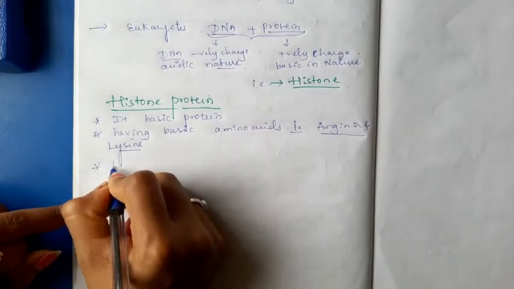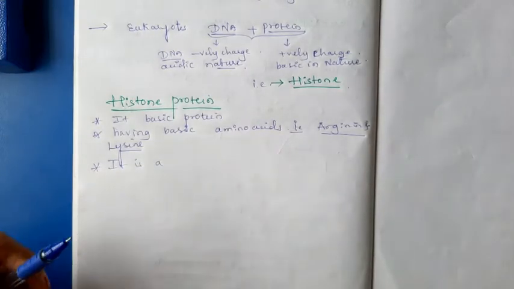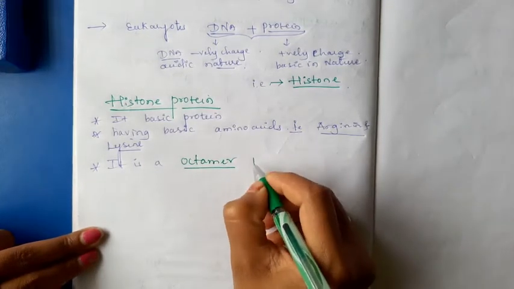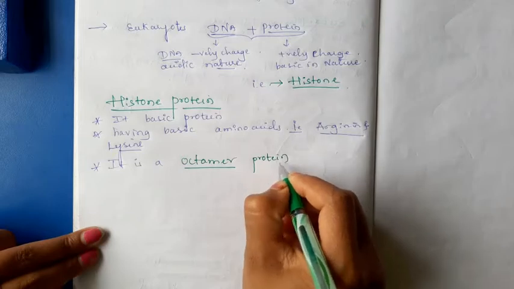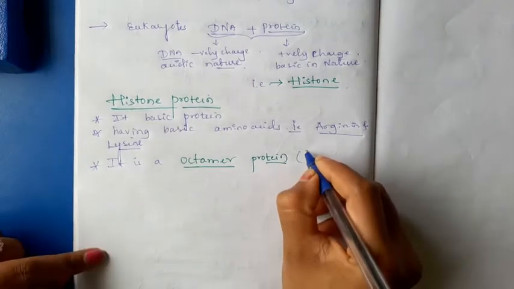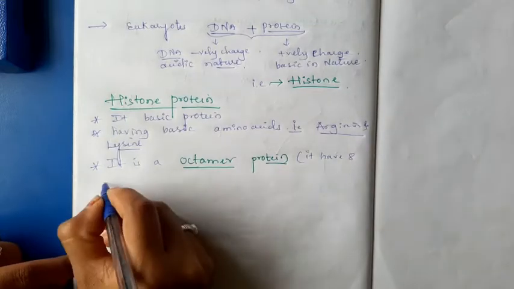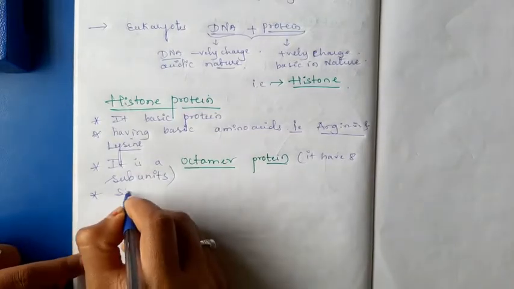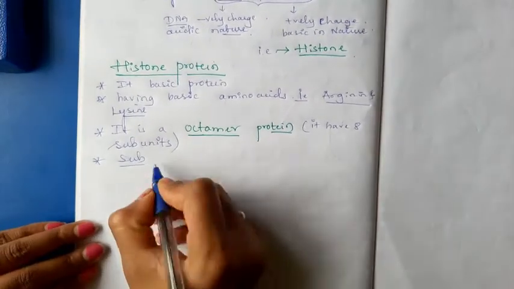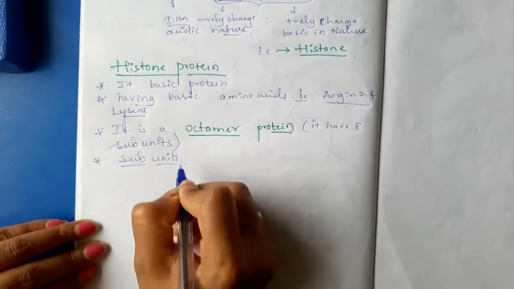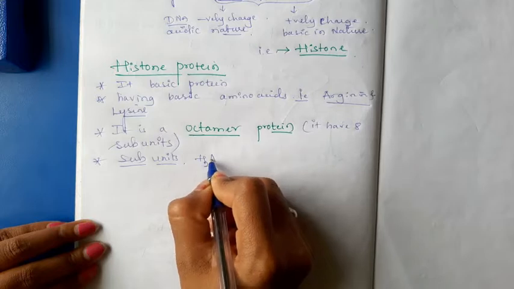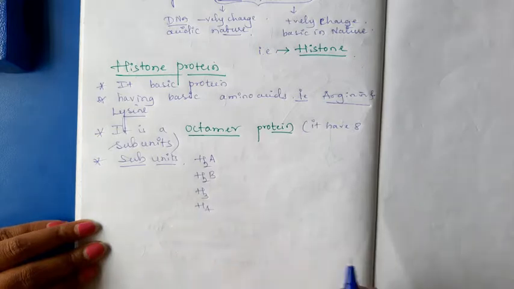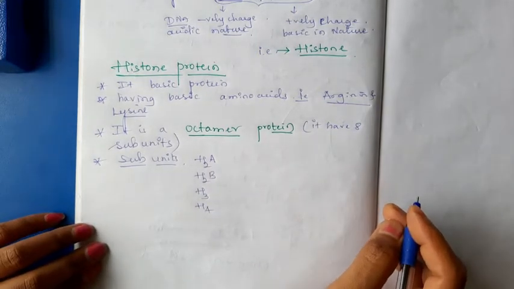It is an octamer protein. Octamer means it has 8 subunits of the histone proteins. What are the subunits? The subunits are H2A, H2B, H3, H4. These are the subunits of histone protein.